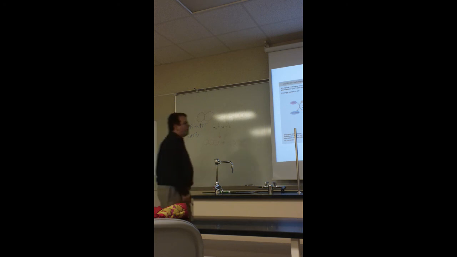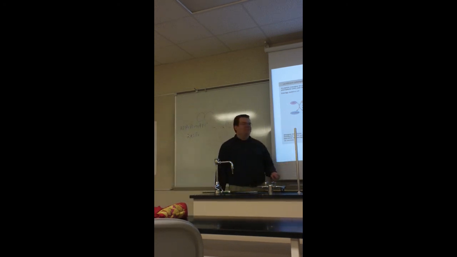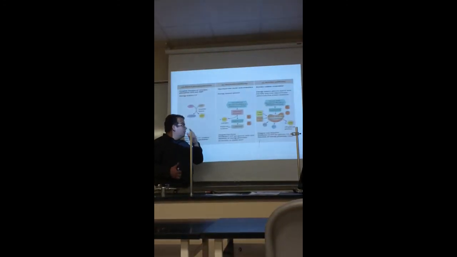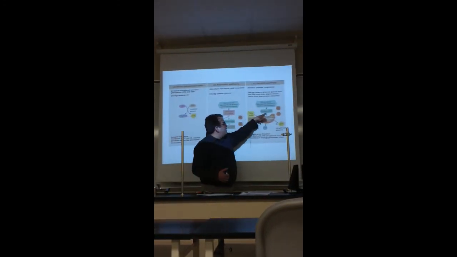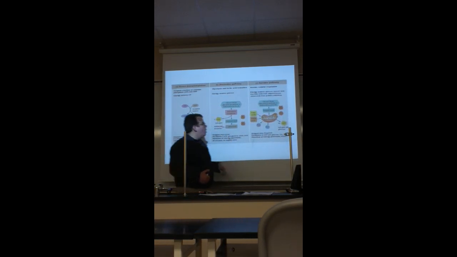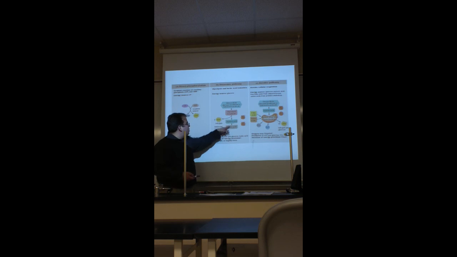So let's first talk about what happens when there's no oxygen. Pyruvic acid, which is right here, has 2 places it can go. It can either enter this cycle right here, if there's oxygen present, and we'll talk about what happens here, or if there's no oxygen present, it has no choice but to be converted into what's called lactic acid. So if there's no oxygen, you form lactic acid.